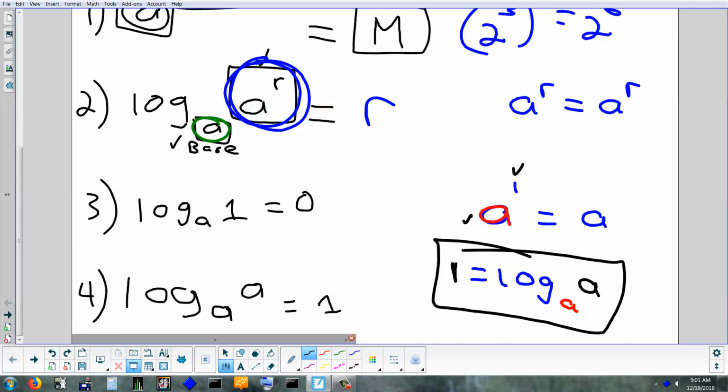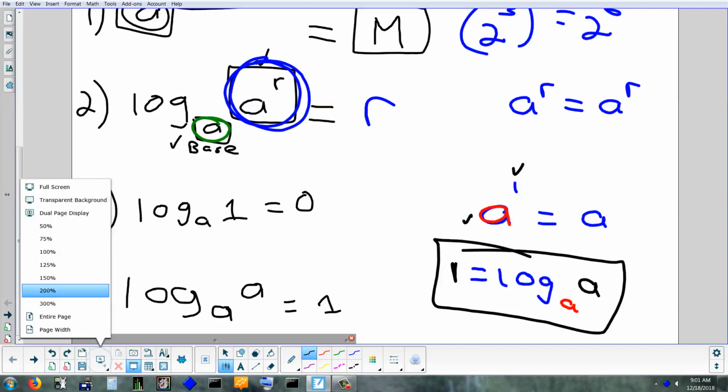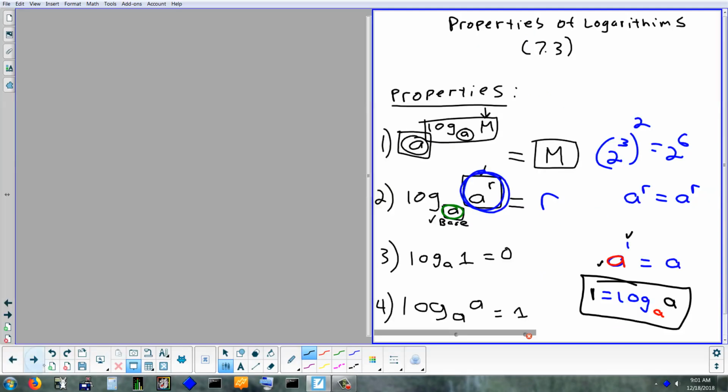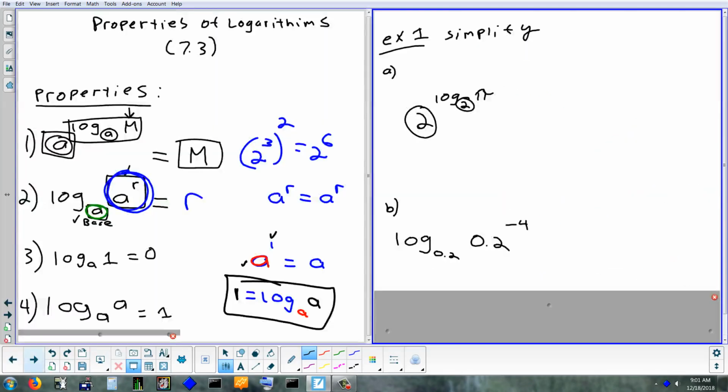All right. So these properties on the left, they might look new, but they're all based on things you already know. The reflexive property, raising something to the first power, equaling it, it doesn't change, and raising something to the 0 power, always giving you 1. So they're just basic properties written a little different. All right, so let's keep those up, and let's see if we can go through some examples.